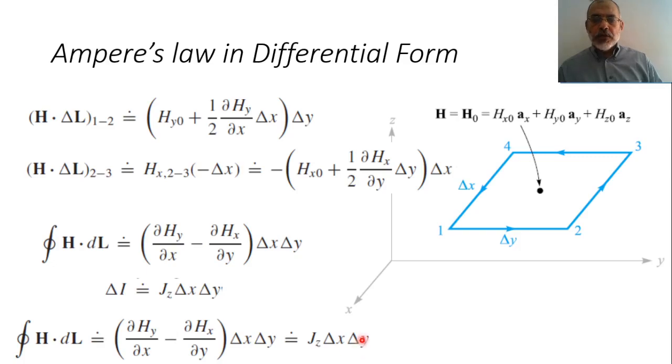Or in other words, if we eliminate delta x delta y from both sides, we can say that the derivative of Hy with respect to x minus the derivative of Hx with respect to y would equal Jz. We see that this is the y component derivative with respect to x minus the x component derivative with respect to y equal the third coordinate Jz.